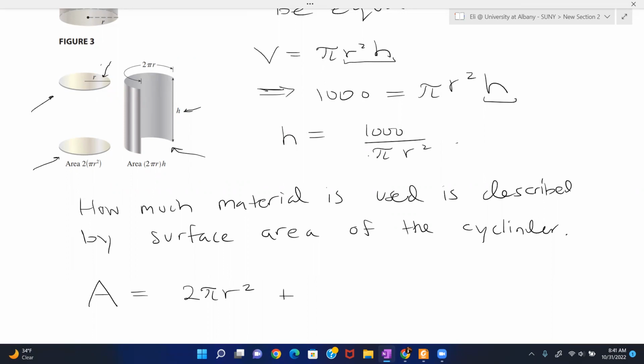And then we have the side area. Oh, I'm being an idiot. This is literally a rectangle when you unfold it. So it's base times the height. That's how you compute a rectangle. So it's going to be 2 pi r h.